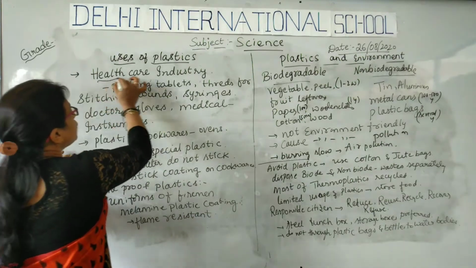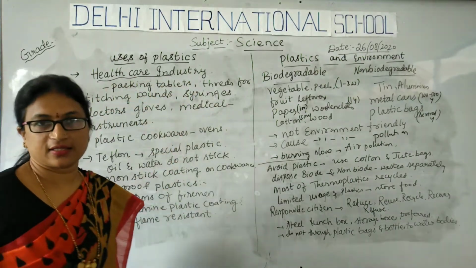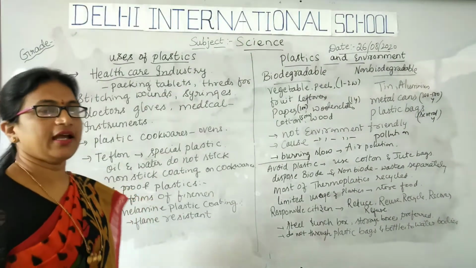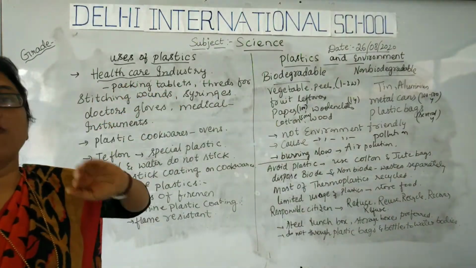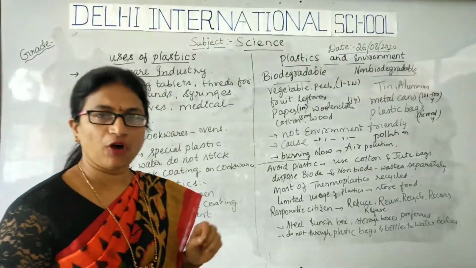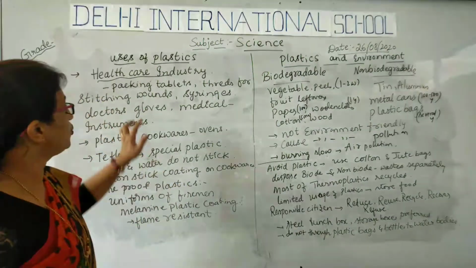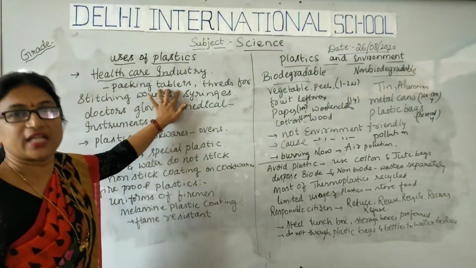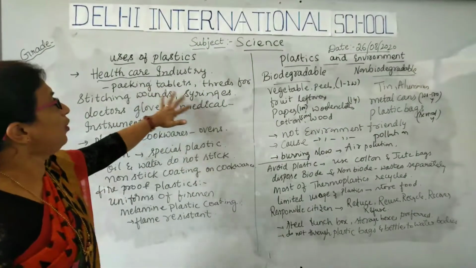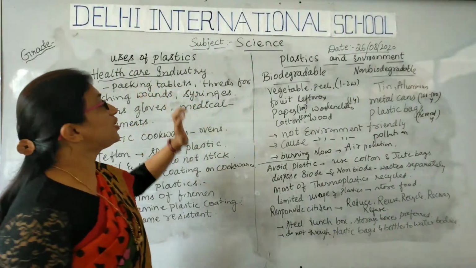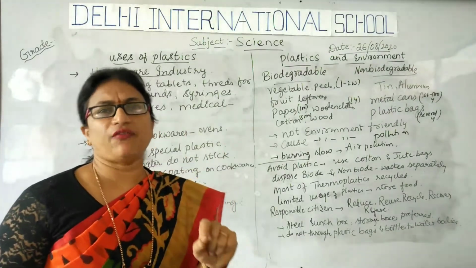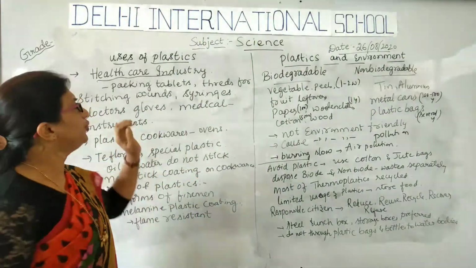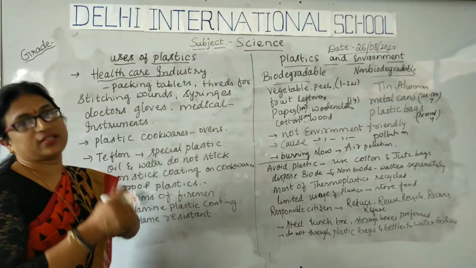First, it is used in the healthcare industries, such as hospitals and pharmaceutical factories, in packing tablets. It is also used for threads for stitching wounds. While doing operations, small synthetic or plastic fibers are used to stitch the wounds.